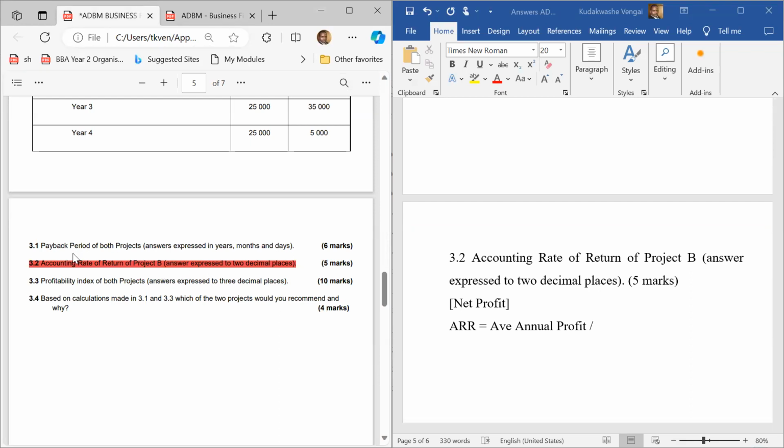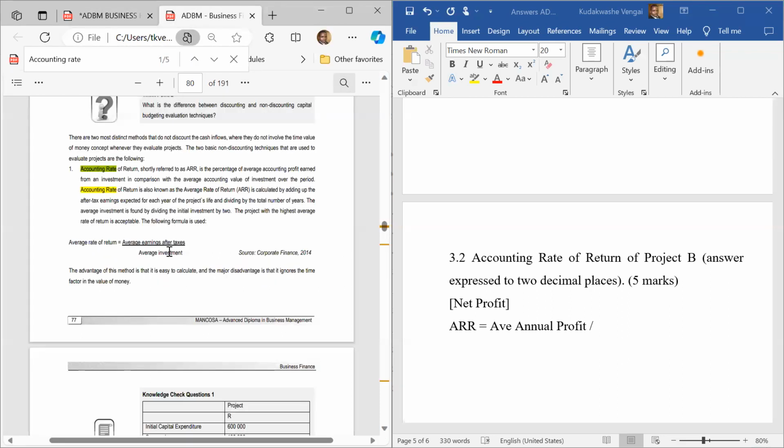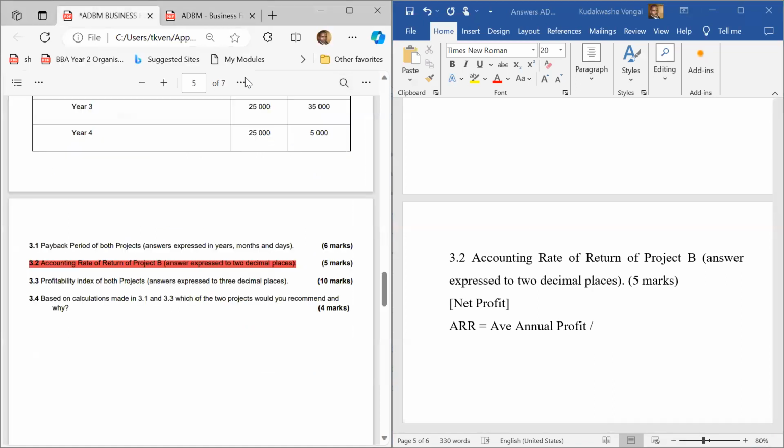Or if he says accounting rate of return on average investment, then you use the average investment. But if he actually specifies that it's on initial investment, you divide by the initial investment, because there are actually two formulas for doing the accounting rate of return. So for this one, we are going to use the average because it is silent on the issue. So we're going to use the normal formula, which is average investment.